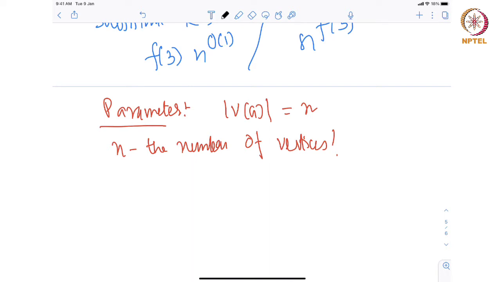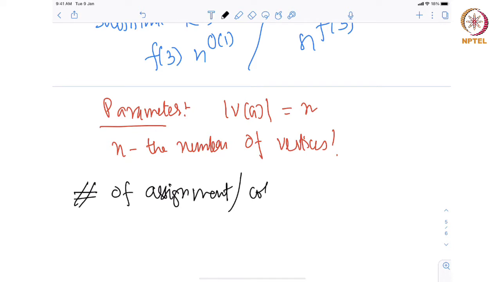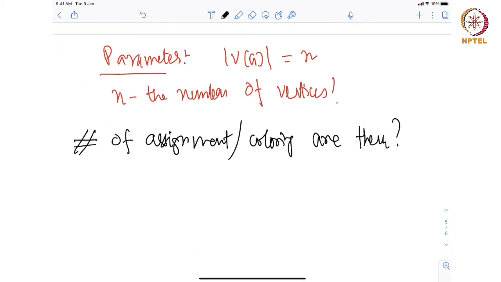But now let's see how many assignments or colorings there are. You are looking for the total number of functions from 1 to n to 1 to k.